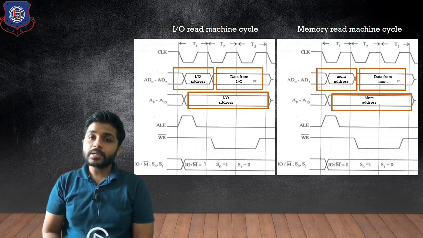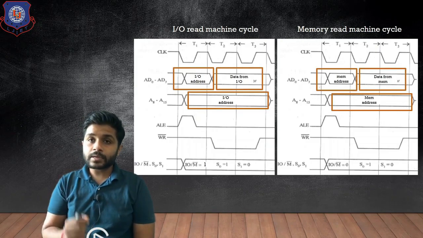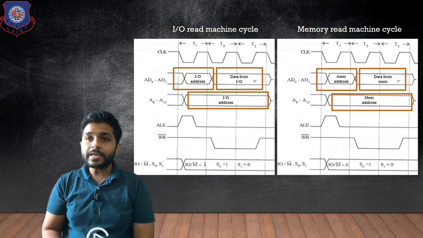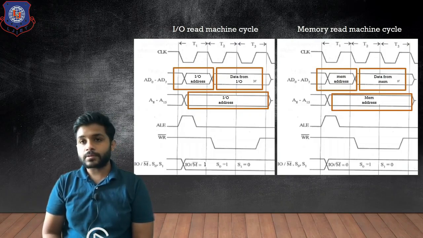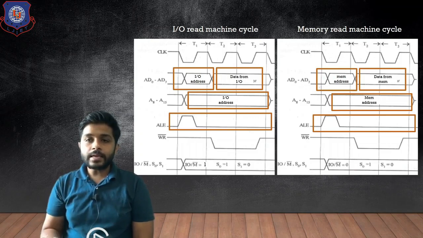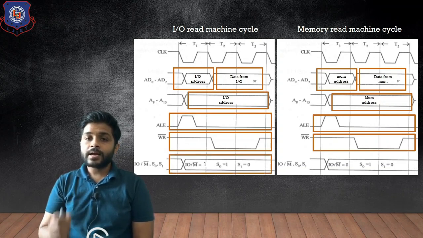In the data bus the data will be from input output device to the microprocessor in the input output read machine cycle, and in the memory read machine cycle the data will be from memory to microprocessor. You can see that both timing diagram has ALE signal, both timing diagram has write bar signal, and both timing diagram has IO/M bar S0 and S1.